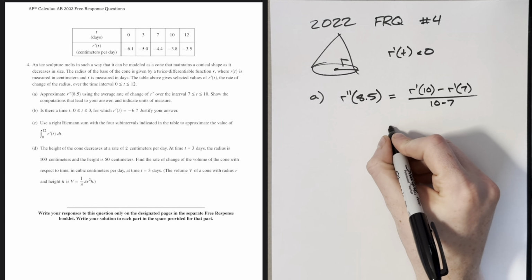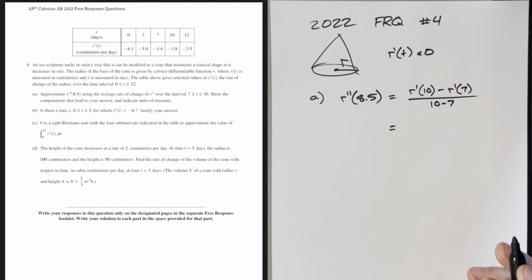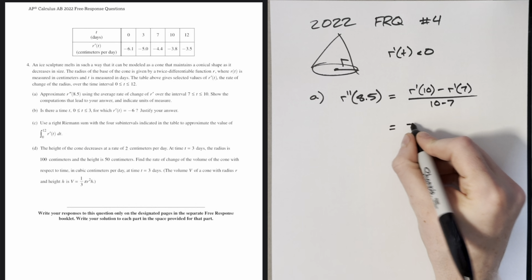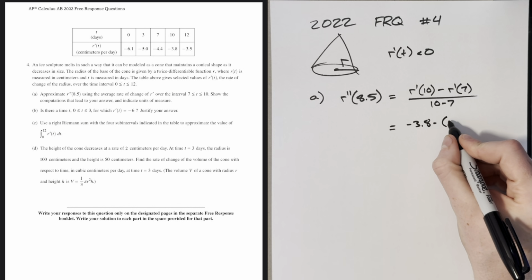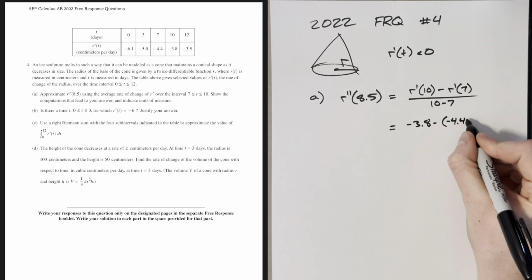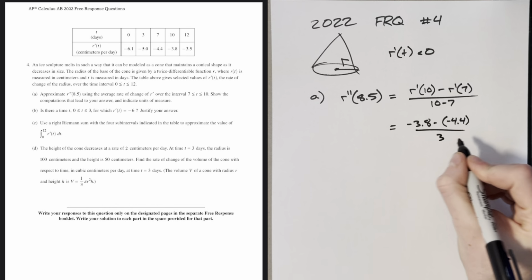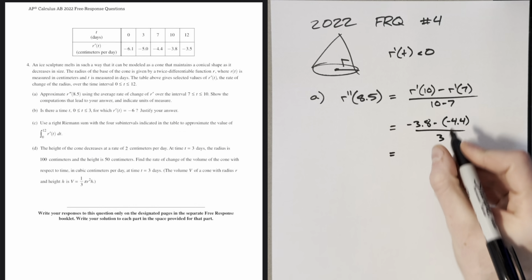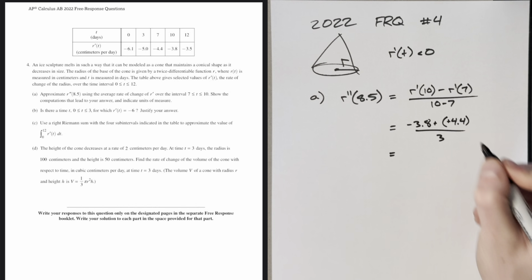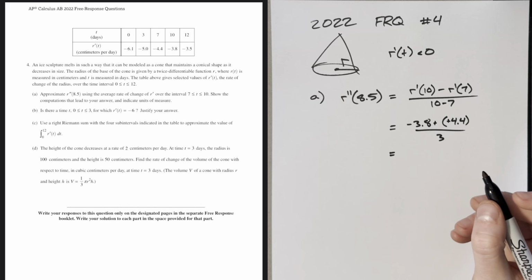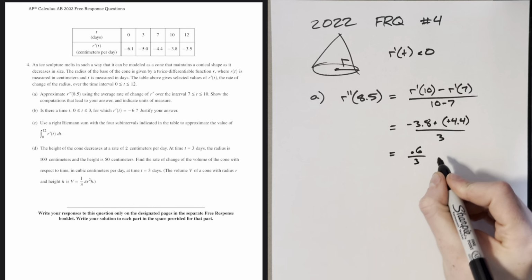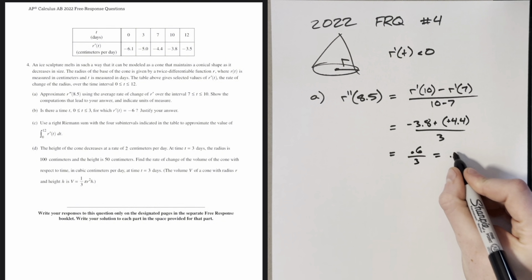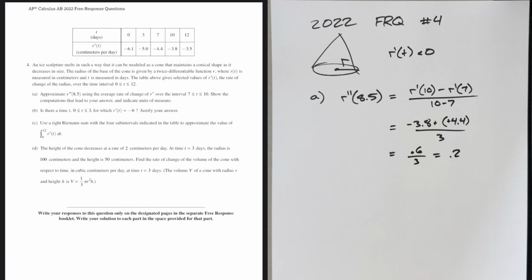But we can solve this using the table. R prime of 10 is negative 3.8. R prime of 7 is negative 4.4. We'll divide by 3. That's a double negative, so those will cancel. I'll get 4.4 minus 3.8, which is 0.6, divided by 3, which is equal to 0.2.